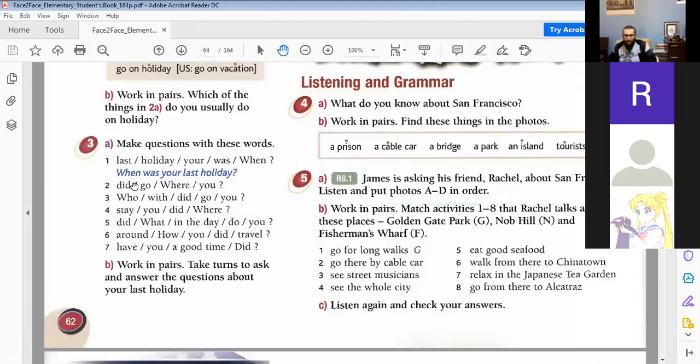The words are not in order, but we want to put them in order, and then we can have a little conversation and ask each other these questions. So, okay, take a minute. I want you to read number 2, 3, 4, 5, 6, 7, put it in the correct order, and then we can ask them together, okay? So take a minute. When you're ready, just tell me that you're ready and we can check them.